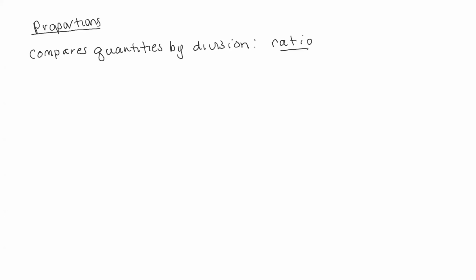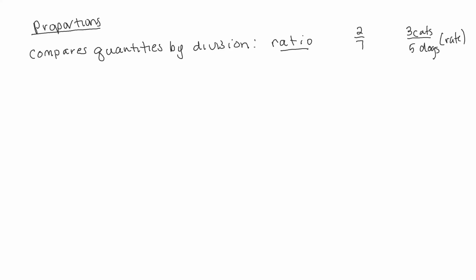So we could have something as simple as 2/7. Okay, we're comparing 2 to 7. Or we could have something like 3 cats to 5 dogs. When you have different units, when you're comparing two different things like cats and dogs, you would generally call that a rate. So a ratio is just any comparison of two things, but specifically when you're dealing with different units, you'd call it a rate, okay?